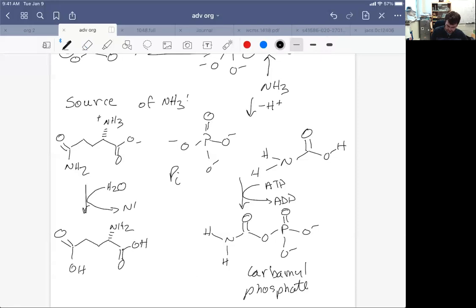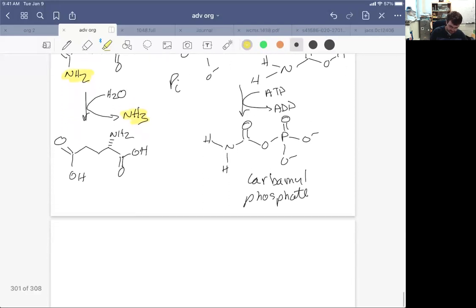But anyway, we're going to get NH3 out by an enzymatic hydrolysis of the amide at the end of our glutamine to make glutamate, which then releases ammonia, as I've highlighted here. Okay, so that's going to make carbamyl phosphate. So we need that to get kick-started into our biosynthesis of uridine.